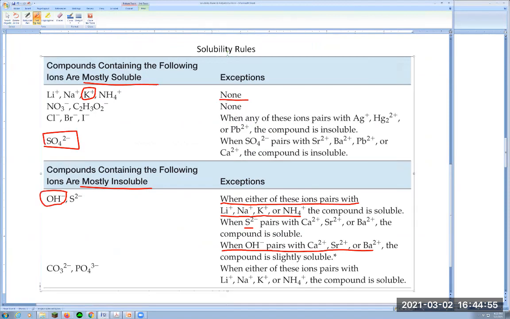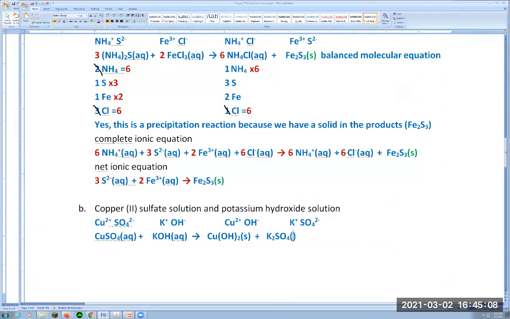It's also mostly soluble, and there is no exception with the potassium, of course. So this will make a soluble compound. K plus always makes soluble compounds. It's one of those alkali metals that I told you about that always make soluble compounds. So that's AQ because it's soluble, so it's an aqueous solution.